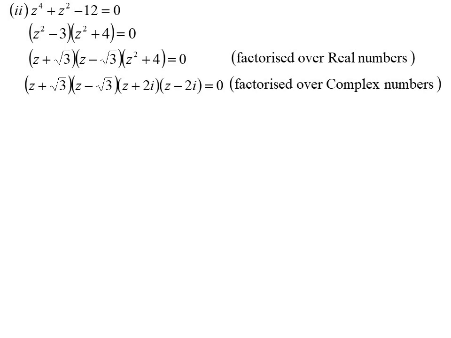If we kept going, then the z squared plus 4 is also difference of 2 squares. Instead of seeing 4, I'm looking at it as minus 4i squared. I get plus 2i, minus 2i. That would be over the complex numbers, and now we could solve that. There it is, plus or minus root 3, plus or minus 2i.